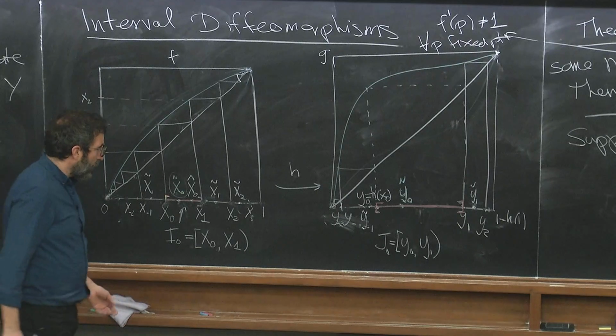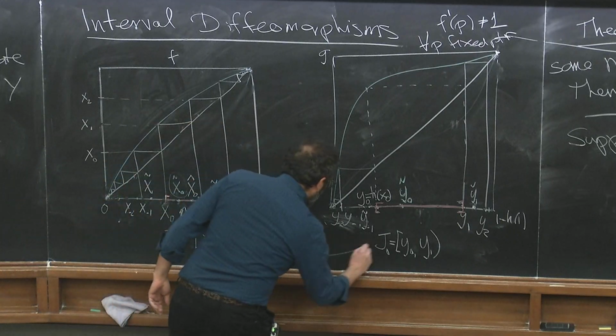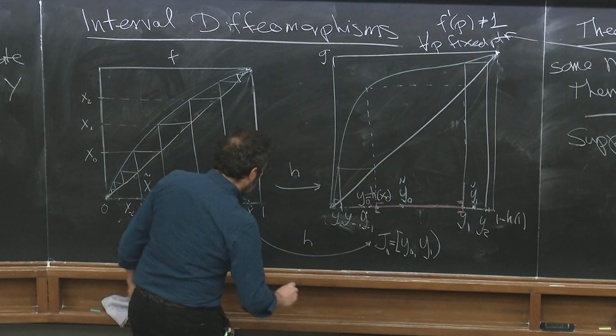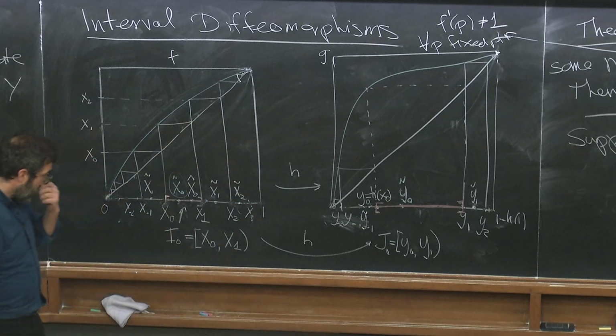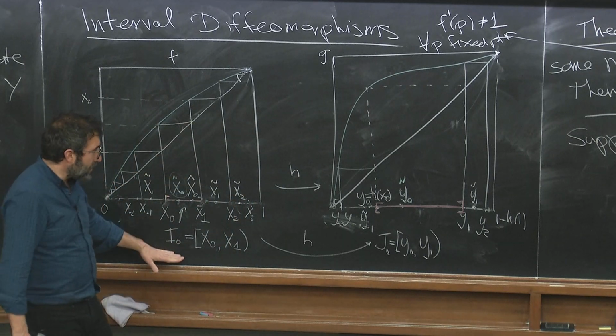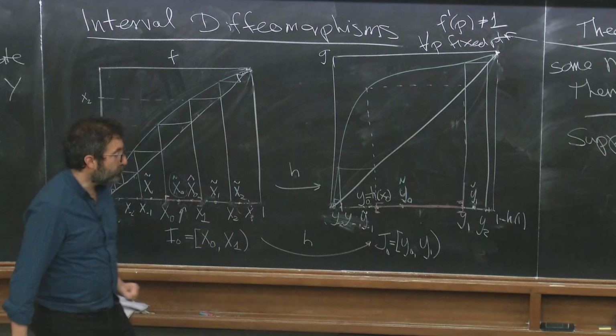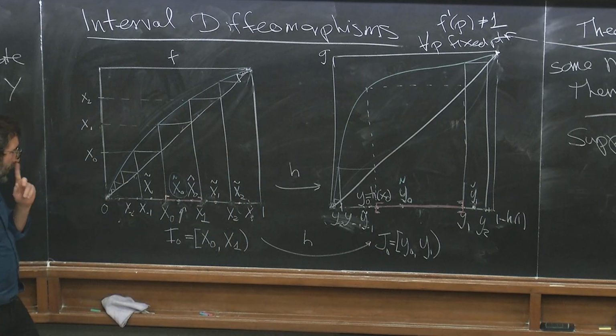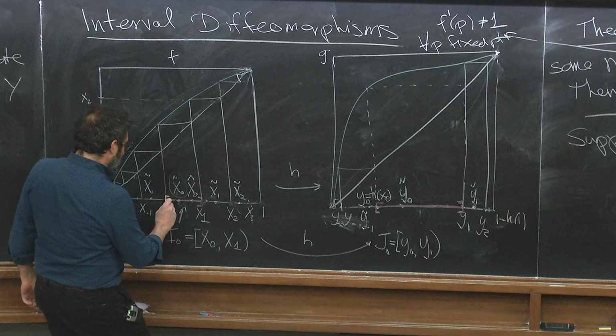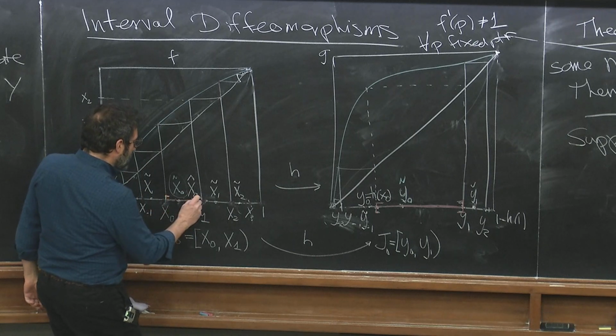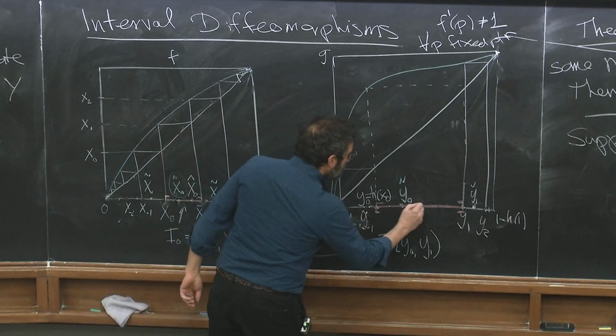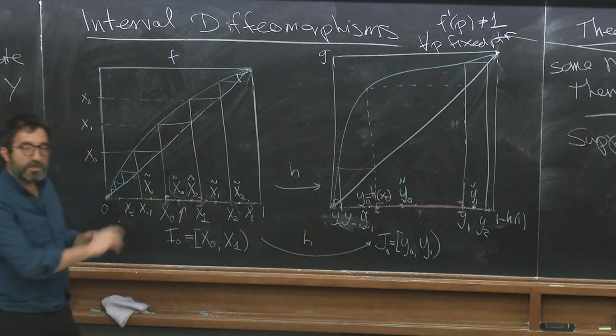Okay? And now, let me define a homeomorphism H, or a bijection H, between these two intervals I0 and J0. This means that for every point in I0, I map it to some point in J0, bijectively.